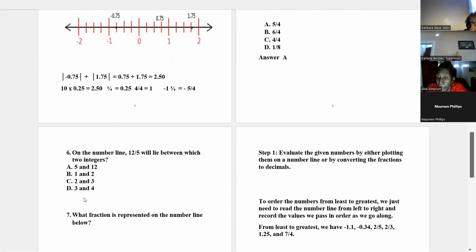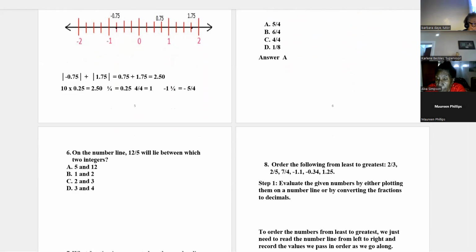Okay, see if you can answer number 6. You see number 6? On the number line, 12 over 5 lies between which of these two integers? Okay, 12 divided by 5 is equal to what?